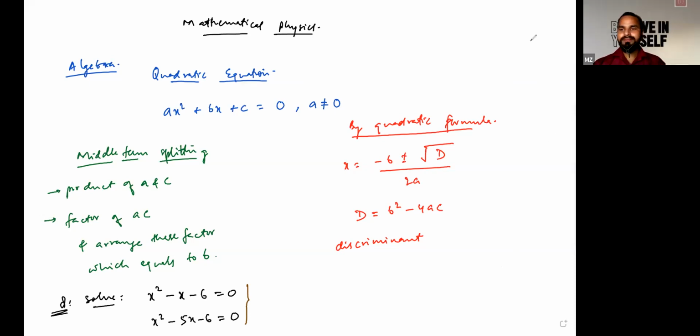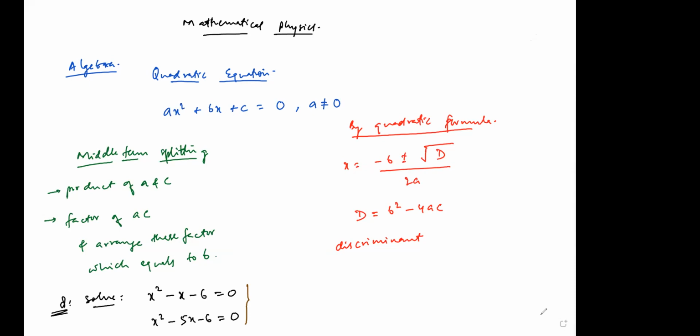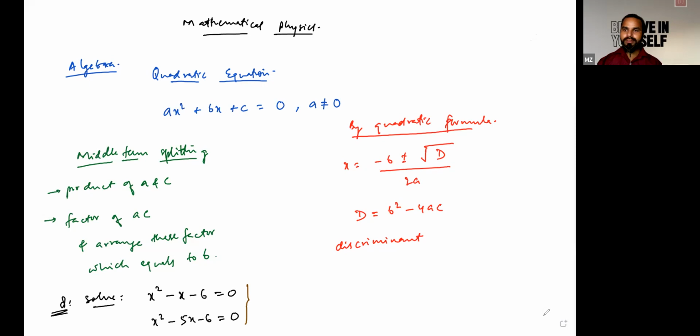Correct. The second answer is wrong. Just see, we have x squared minus x minus 6 is equal to 0.